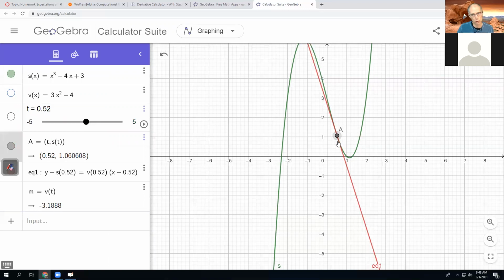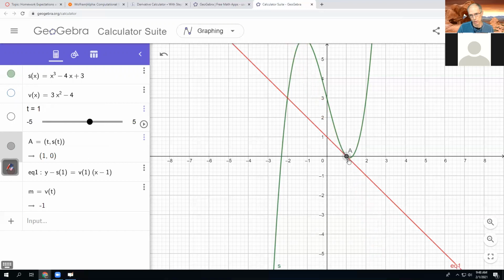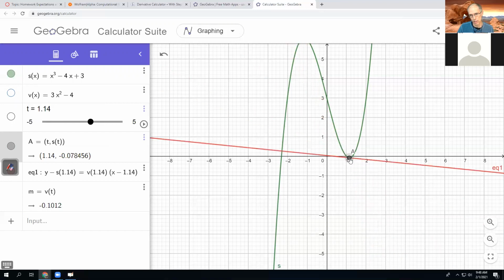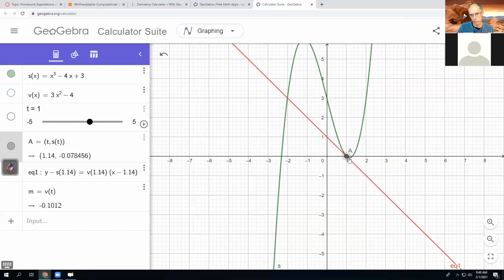Down here, the slope is more like -3. So a slope of -4 is steeper than a slope of -3. It's traveling faster to the left here than it is here. So this thing is slowing down until right over here, wherever that bottom point is, where we're going to get a horizontal tangent line because we switch from negative to positive.